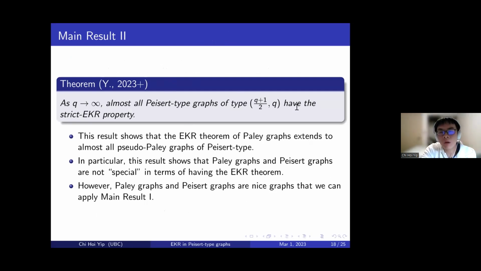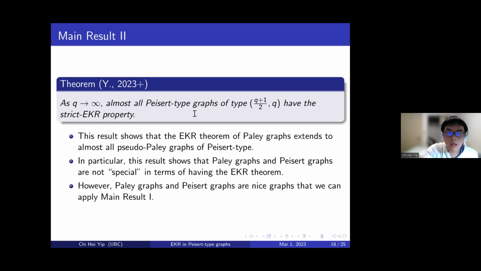Basically, Peisert type graphs of this kind of parameter correspond to those Seidel-regular graphs. So they correspond to those graphs with edge density exactly half. Somehow this family is interesting because it contains Paley graphs, Peisert graphs, and generalized Peisert graphs.